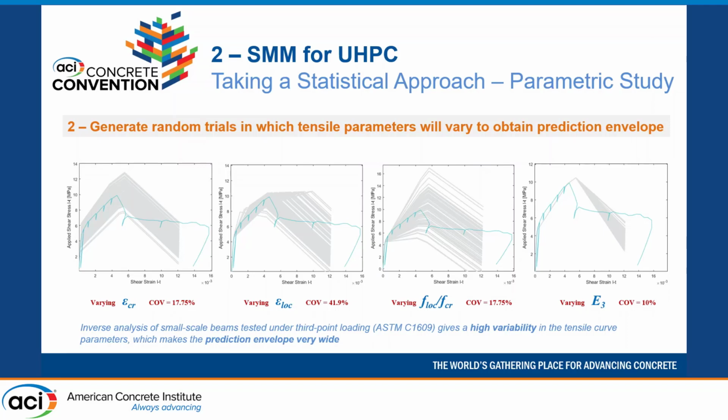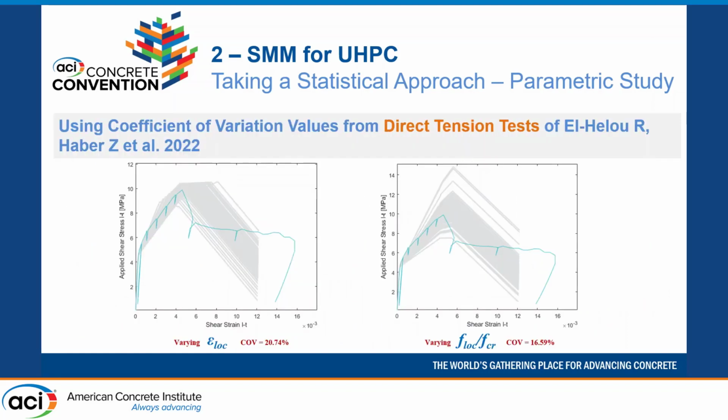Your material tests give you a high coefficient of variation in terms of the cracking stress and localization stress and strain. So this end result gives a high range of prediction for the model, which doesn't really give very conclusive results.